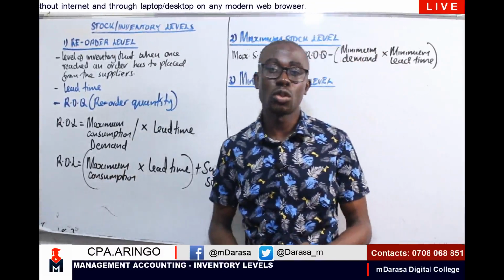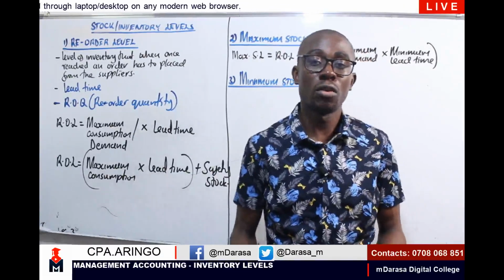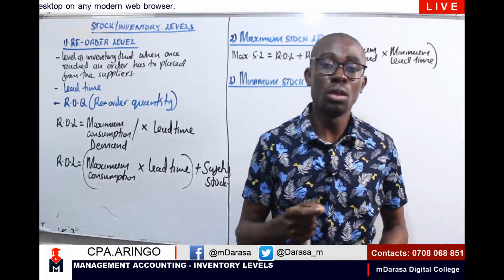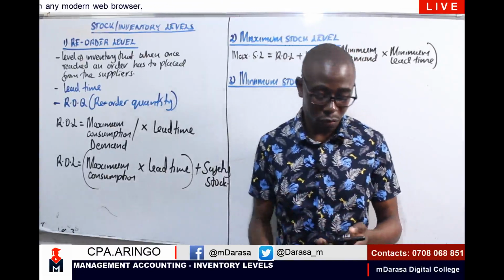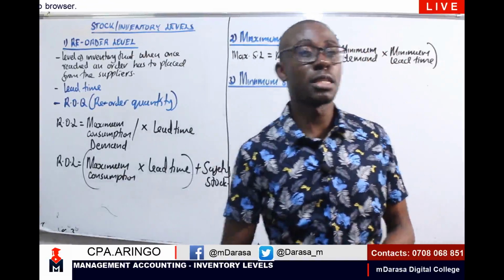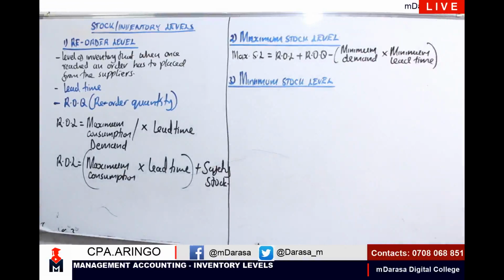Anytime you're talking of minimum stock level, we are looking at the level of inventory that the farm should not go below. Basically, it represents the quantity which must be maintained in hand at all times.